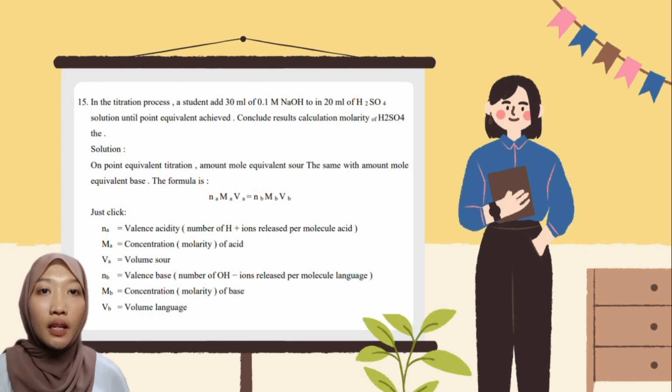Next, Ma is the concentration or molarity of the acid. Next, Va is the volume of the acid. Nb is the valence of the base, or number of OH minus ions released per molecule of base. And Mb is the concentration or molarity of the base, and Vb is the volume of the base.